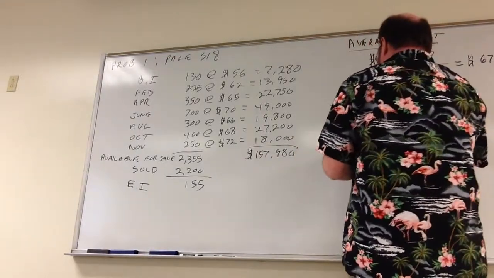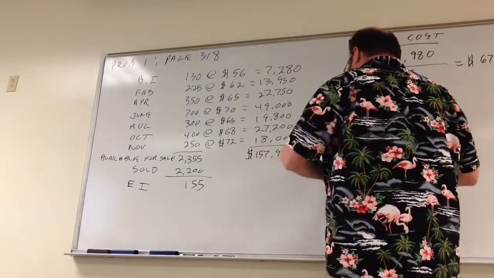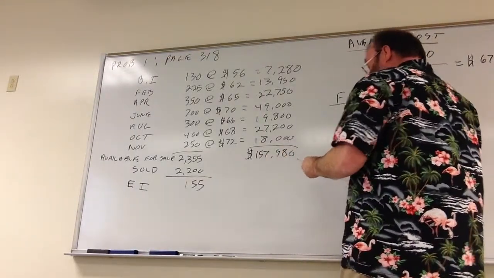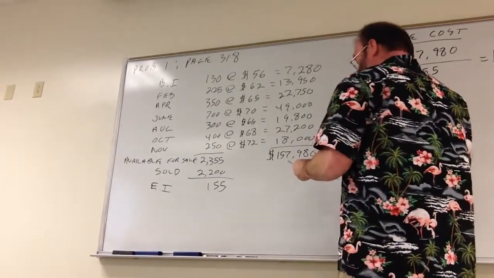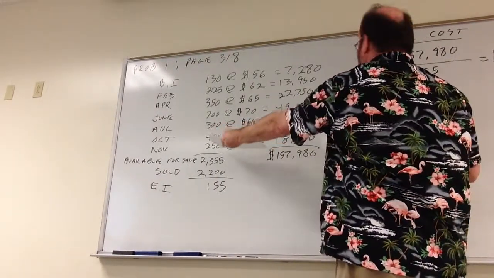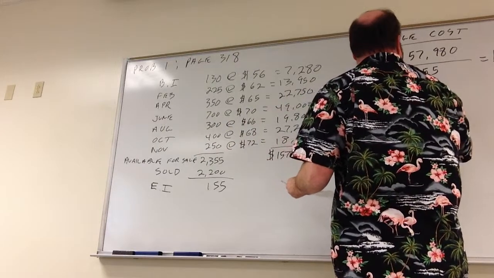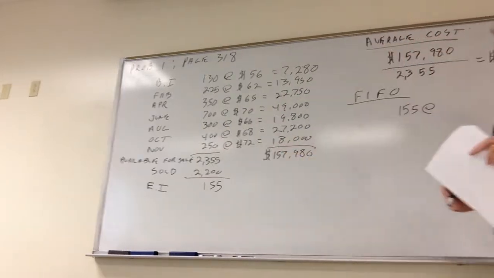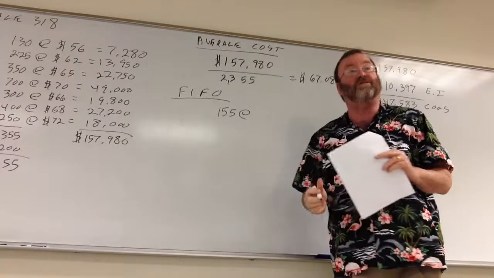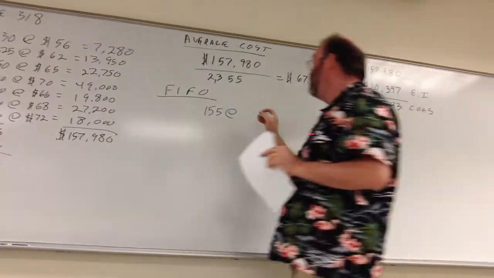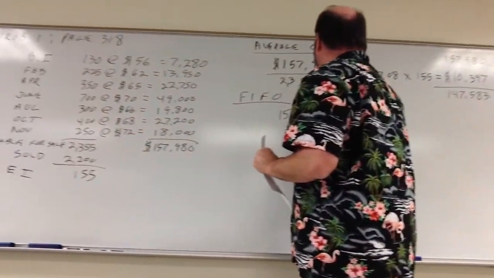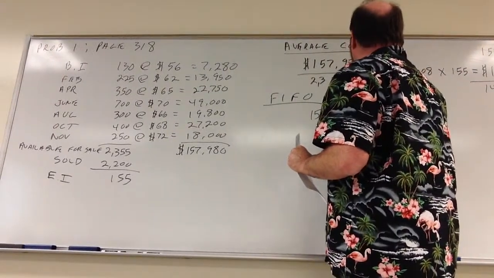So ending inventory is going to be made up of all from the November, because we have 155 units in ending inventory. We bought 250 in November at $72 each.